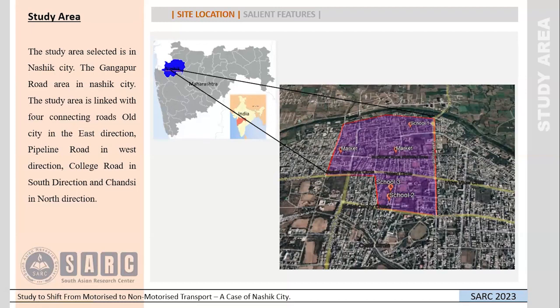This is the area where most of the motor vehicles are used and less NMT is used. So I selected this area, which had a huge scope for the shift from motorized to non-motorized transport.